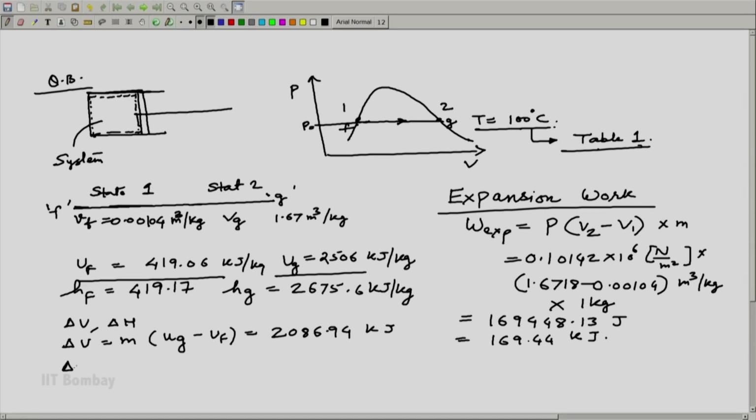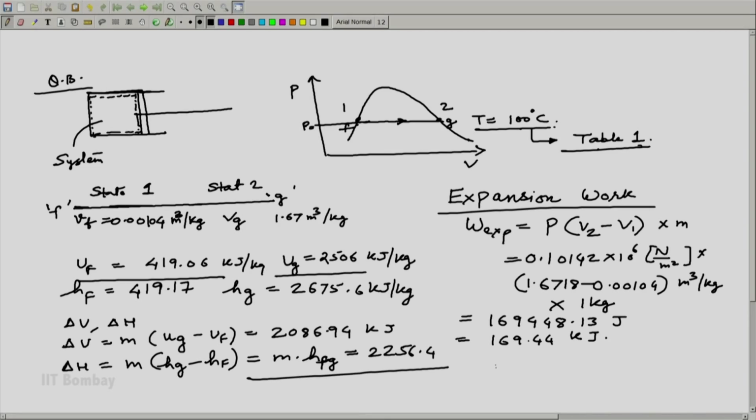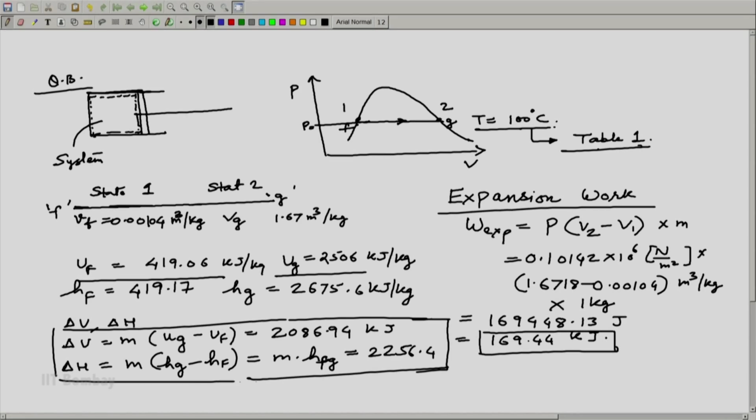Similarly, delta H is nothing but m into (hg minus hf), which is nothing but m into hfg, isn't it, and hfg is equal to 2256.4. So my answers are the expansion work, the change in thermal energy and the change in enthalpy, given by this formulation.